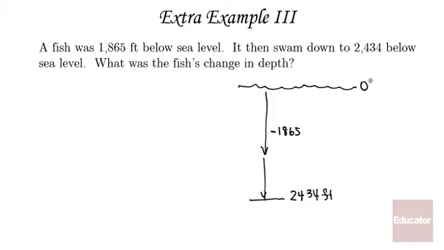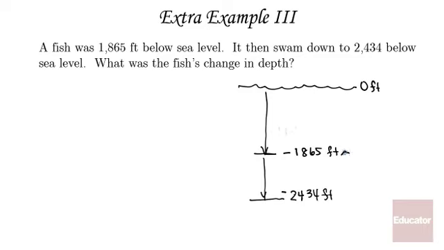It started out at 0. That's the water line. So at this point, let's write it next to the water level, it is at negative 1,865 when we first started. It kept swimming downwards and ended up at negative 2,434 feet.